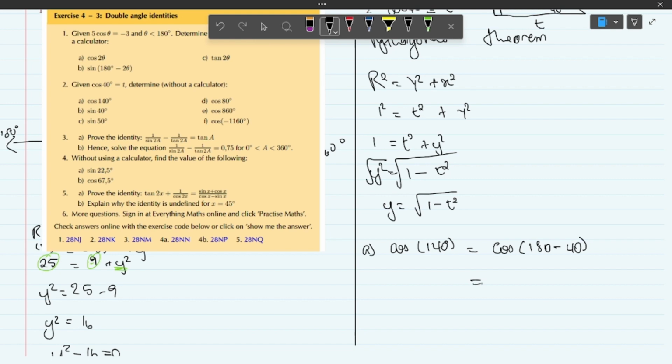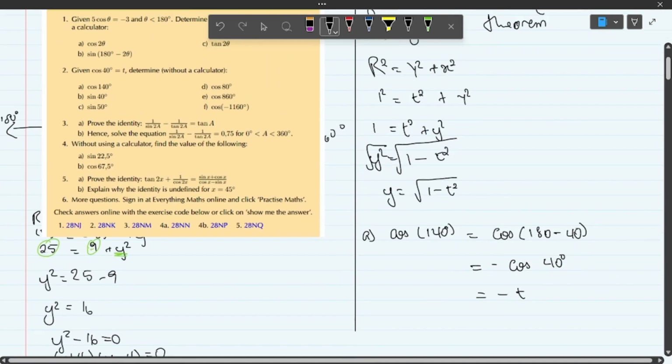This is the same as negative cos of 40 degrees, so this is equal to minus t.